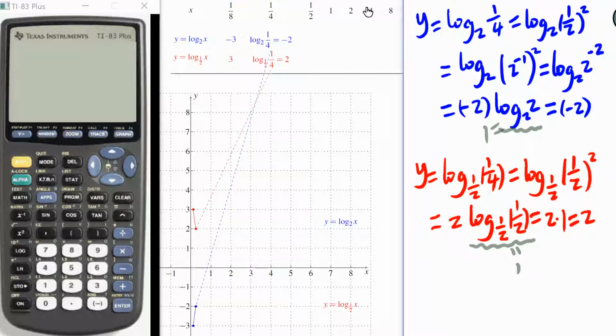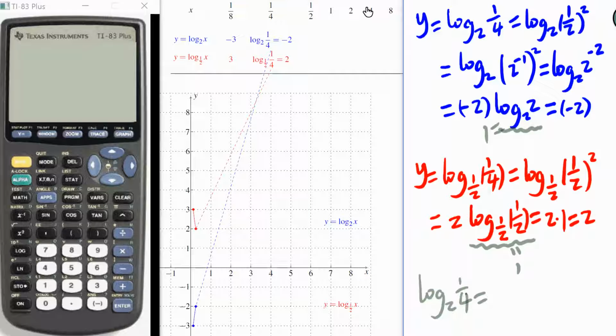For the calculator, let me do this way. We're going to use the change of base formula. Remember, log base 2 of 1/4 can be calculated in two ways.